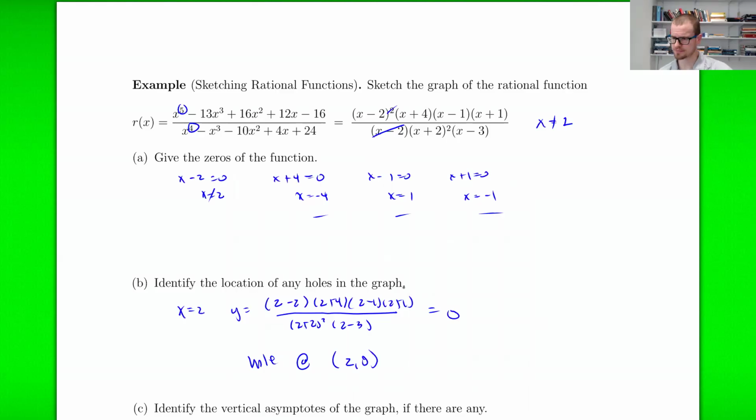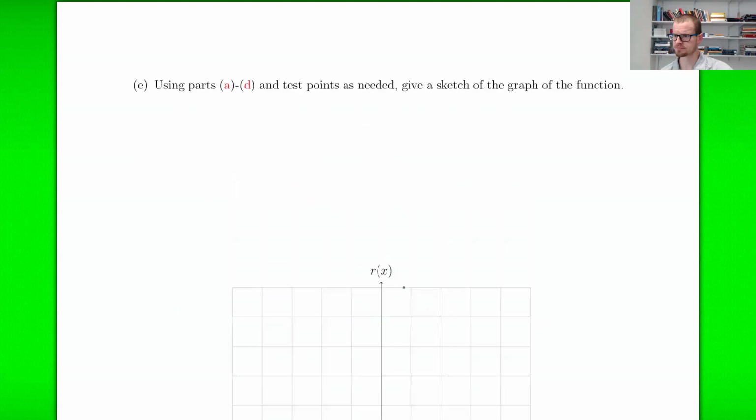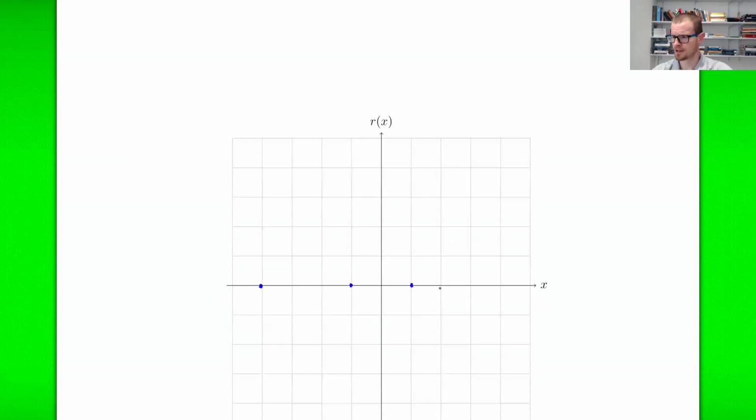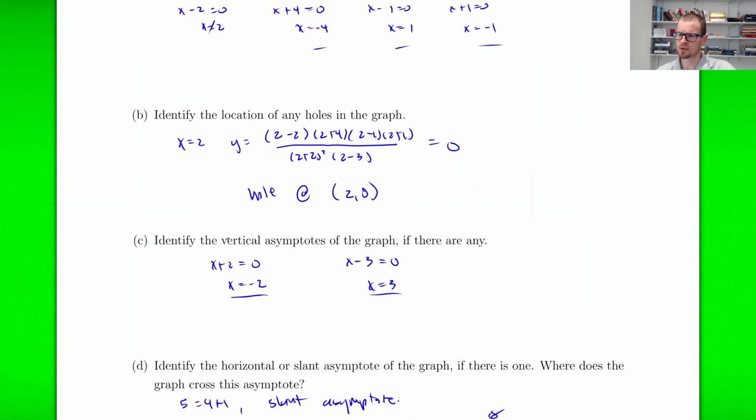Let's go back to the graph. At 2, 0, there is a hole. Previous page again. We're going to plot the vertical asymptotes. So there is a vertical asymptote at x equals negative 2 and x equals 3.